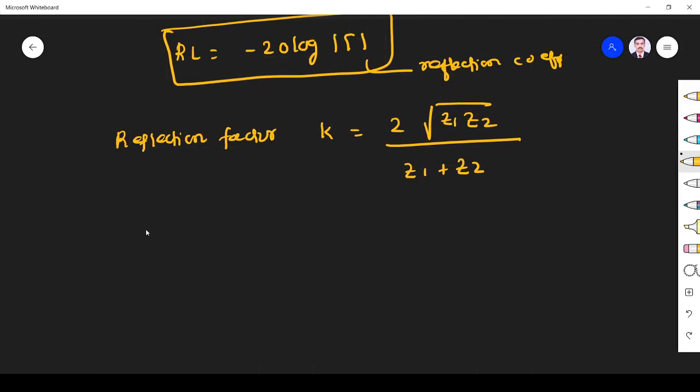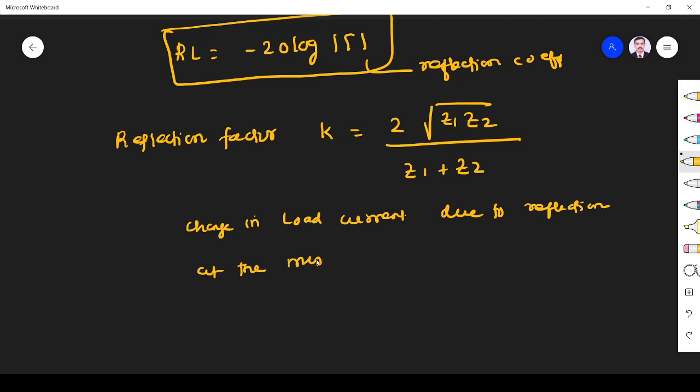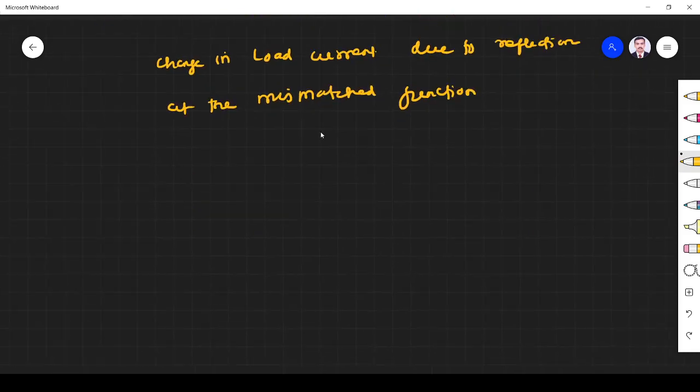So what is the definition for reflection factor? It is a change in load current due to reflection. Where will the reflection take place? Reflection at the mismatched junction. Right? So it is a change in load current due to reflection at the mismatched junction.